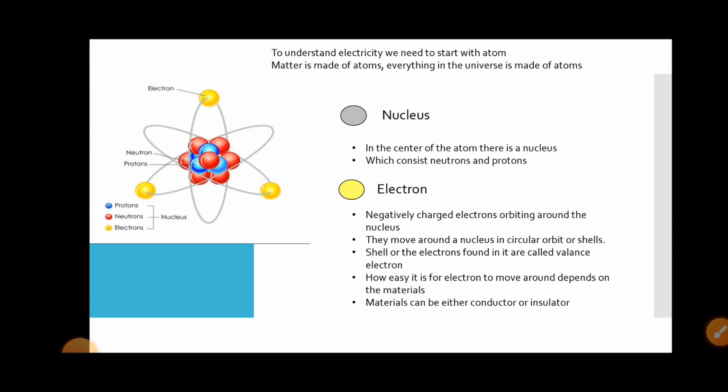Materials can be either a conductor or an insulator. Now we see what is a conductor and what is an insulator. But first, the number of neutrons, protons and electrons in an atom can tell us which material it is.